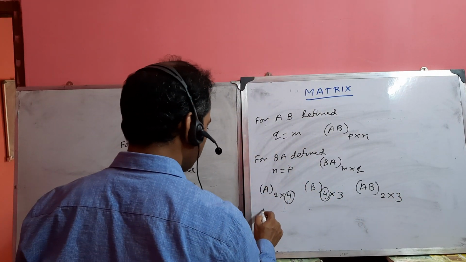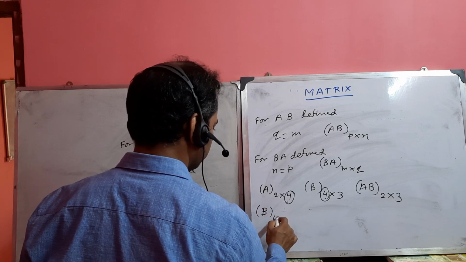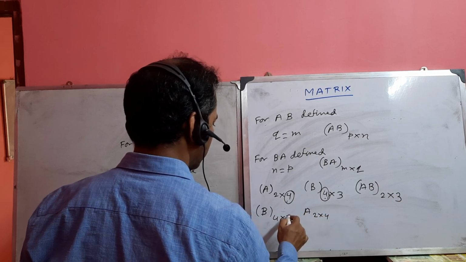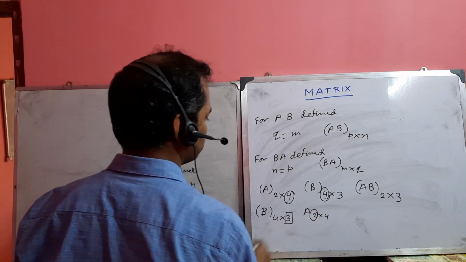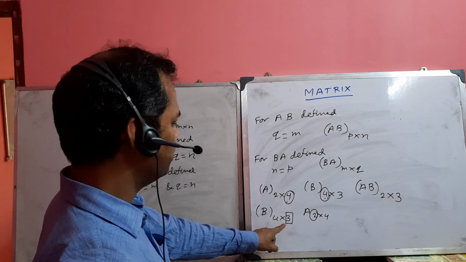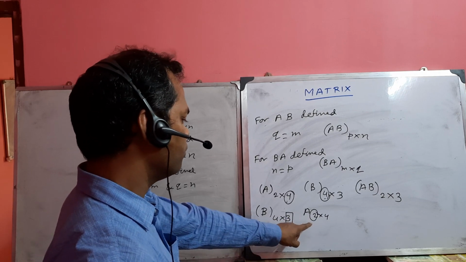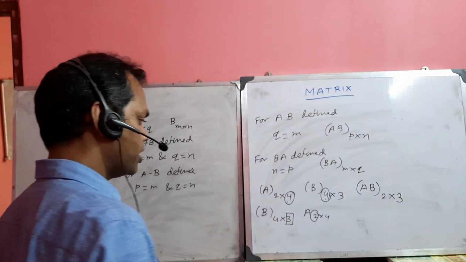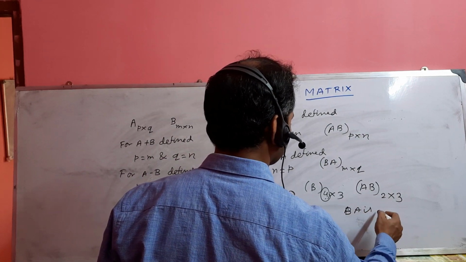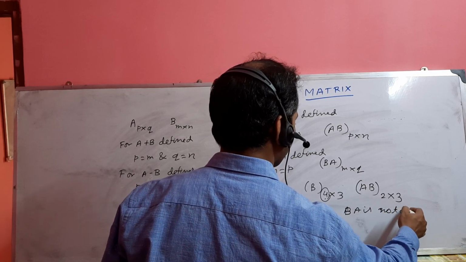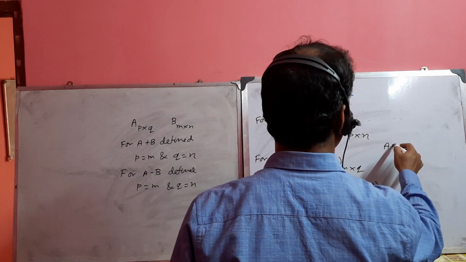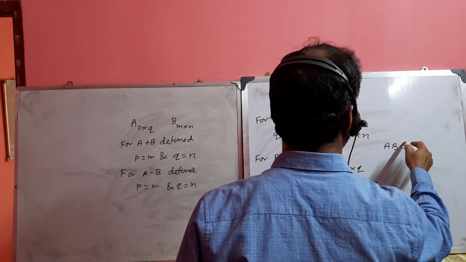But in the case of BA, those two are not equal. 3 is not equal to 2. That means the number of columns of the first matrix, that is B, is 3, which is not equal to the number of rows of the second matrix A. So BA is not defined. So from this example we can write AB is not equal to BA in general.